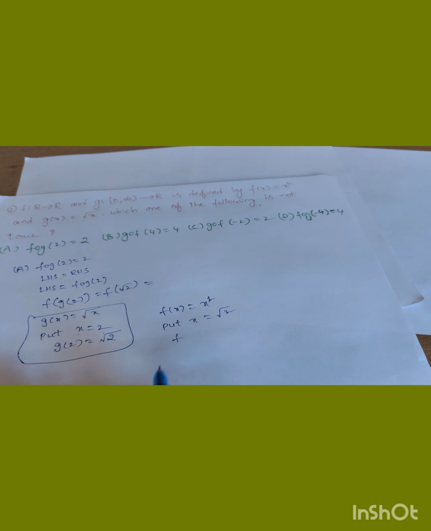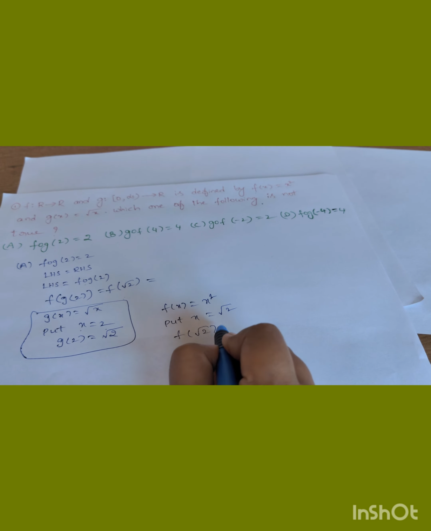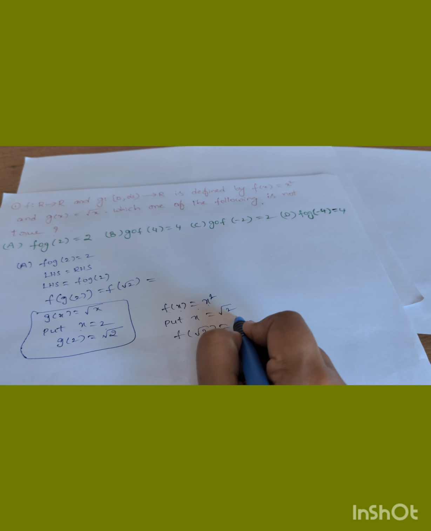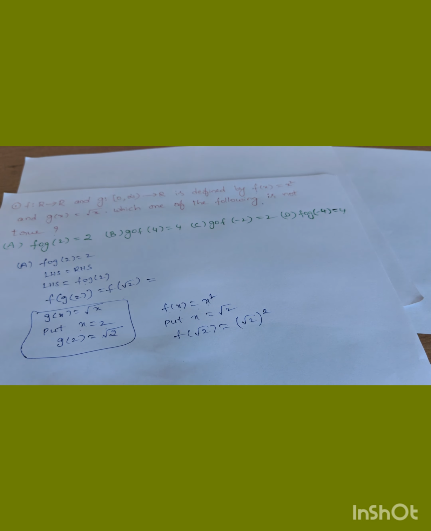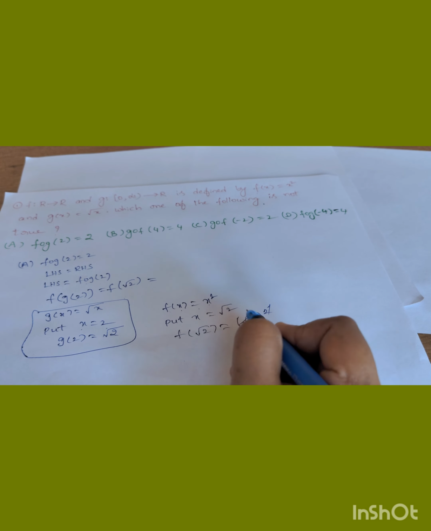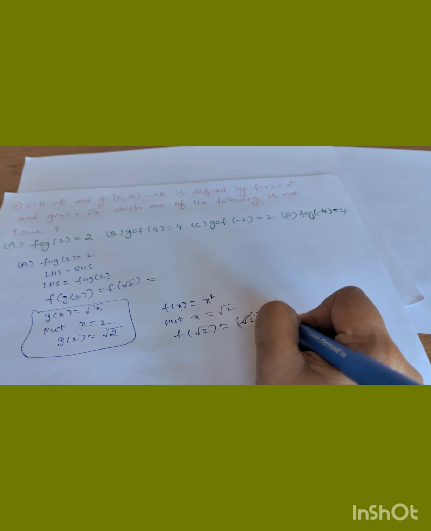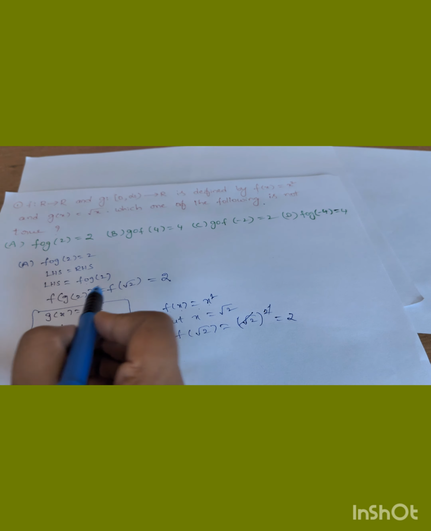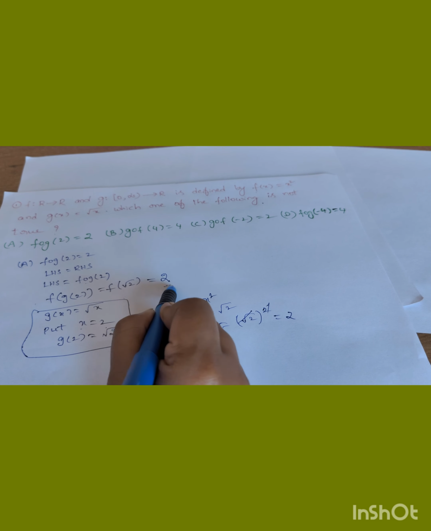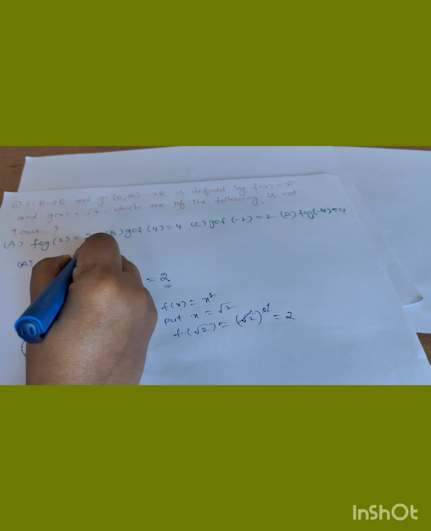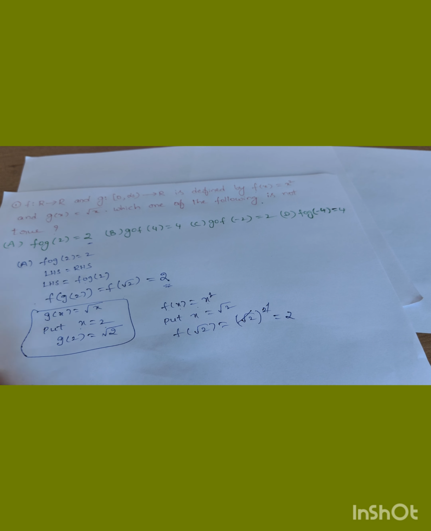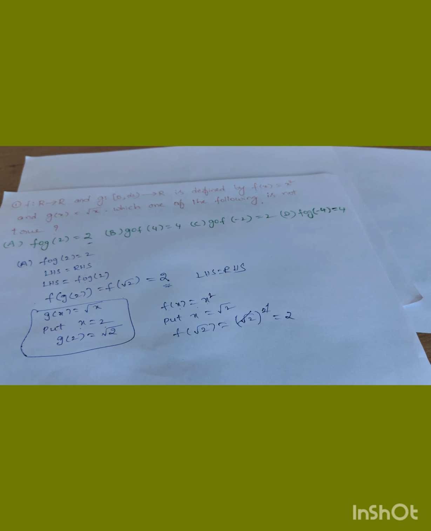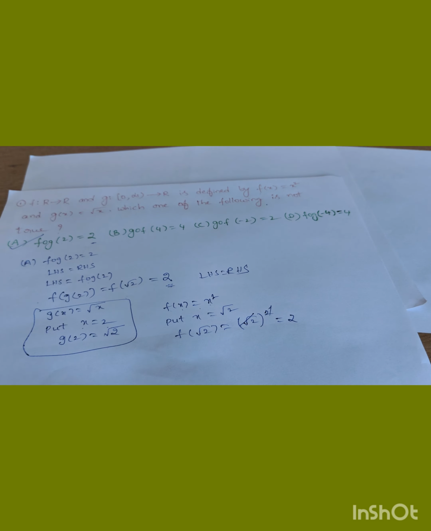Then f of root 2 is equal to root 2 whole square. Now square and root cancel. So f of root 2 value is 2. What is the LHS value? LHS value is 2. The given RHS is also 2. So LHS is equal to RHS. It is true. Option A is true.